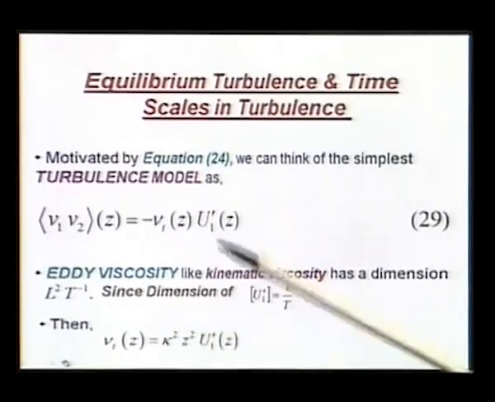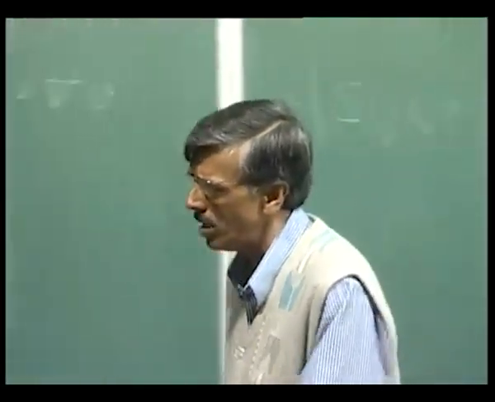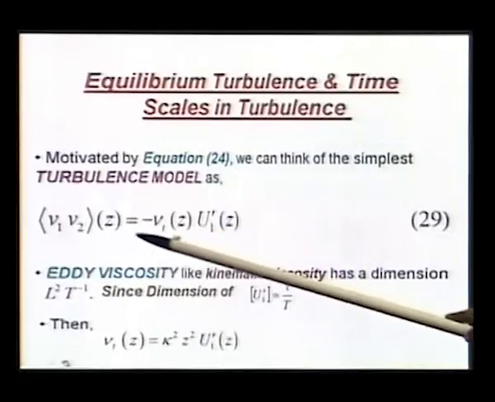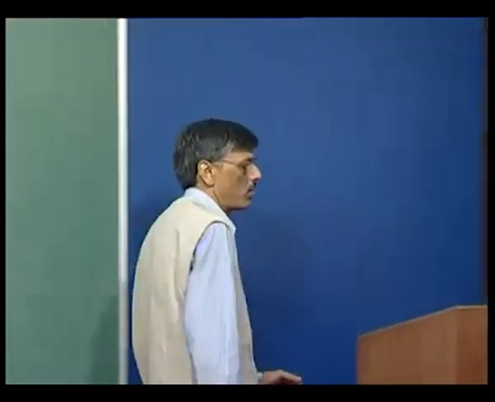So, this proportionality constant I am calling kappa squared, and purposely wrote it as a square term, so that the nu T will be positive, whereas the Reynolds stress will be strictly negative. Okay. So, that is the motivation for writing down this expression for nu T, the kinematic eddy viscosity.